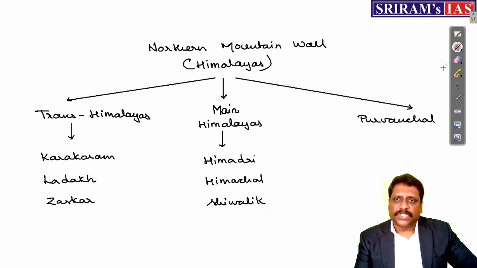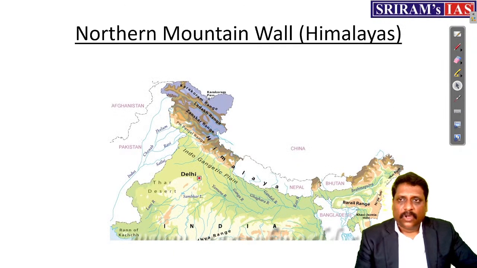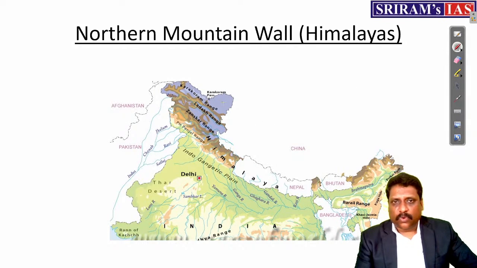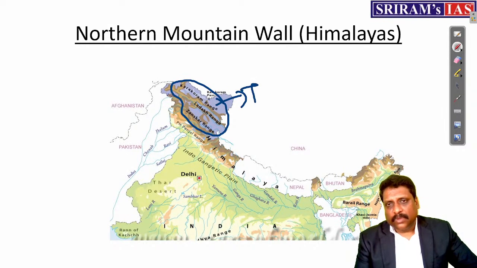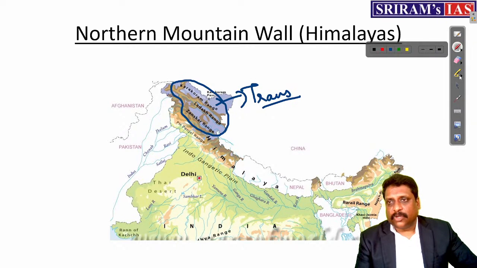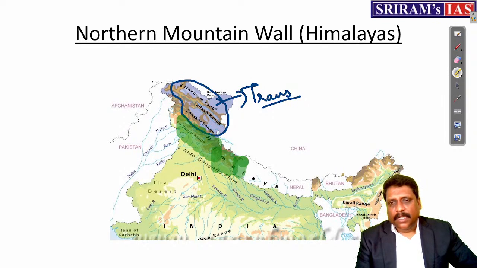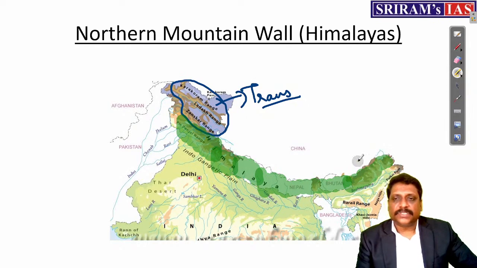And all the mountains which are confined to the northeastern states, you call them Purvanchal. For example, all these mountains, Karakoram, Ladakh and Zanskar, the three mountains, you call them Trans-Himalayas. Whereas the Great Himalayas, Himachal and Shivalik range put together, you call them the main Himalayas.